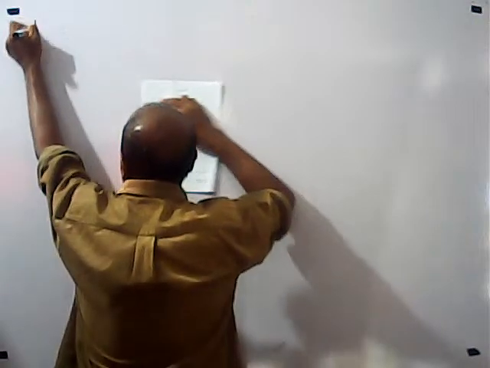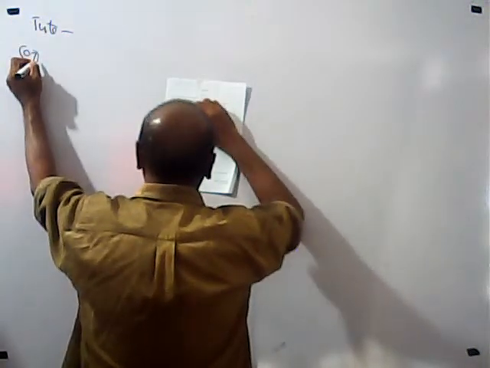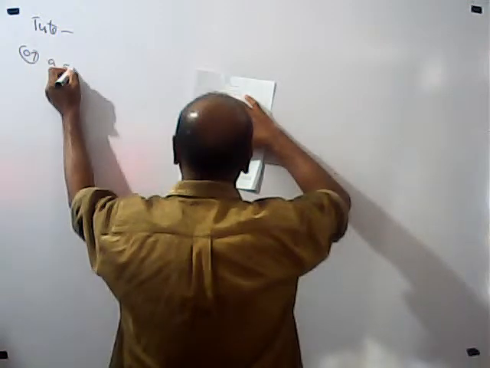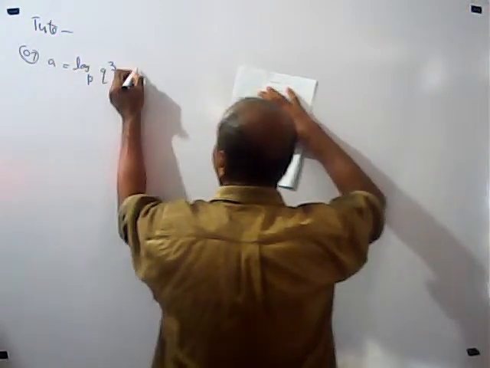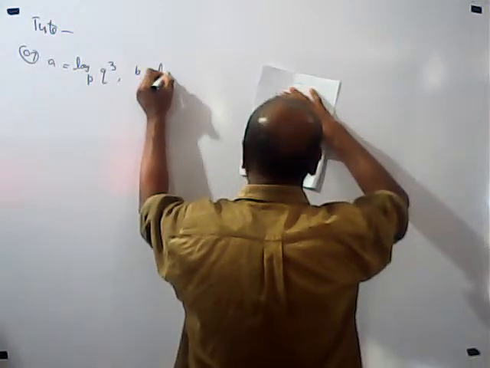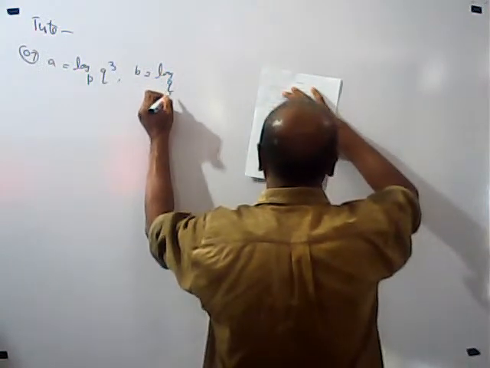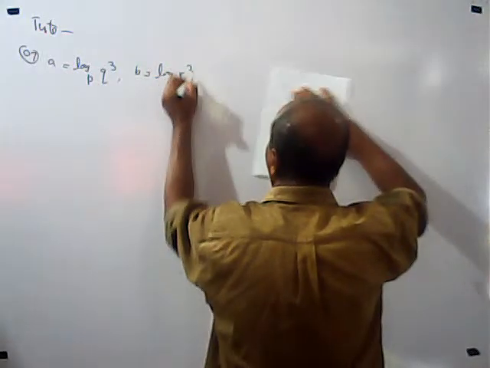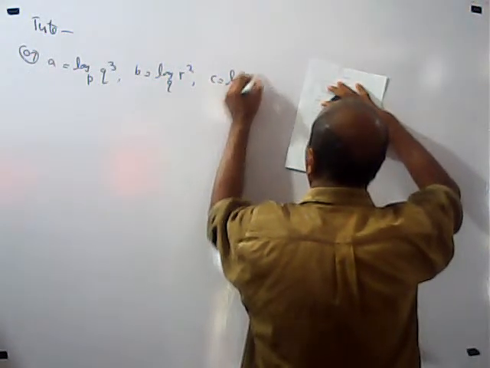Question number 7 is very easy. You are given A equals log_P Q, B equals log_Q R squared, C equals log_R P to the power 4.